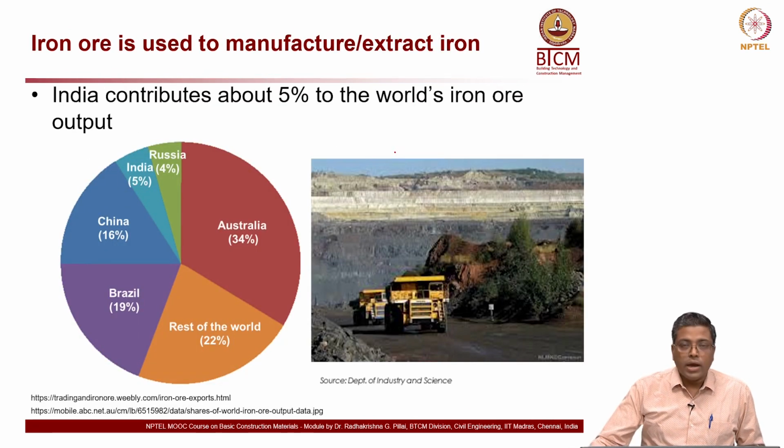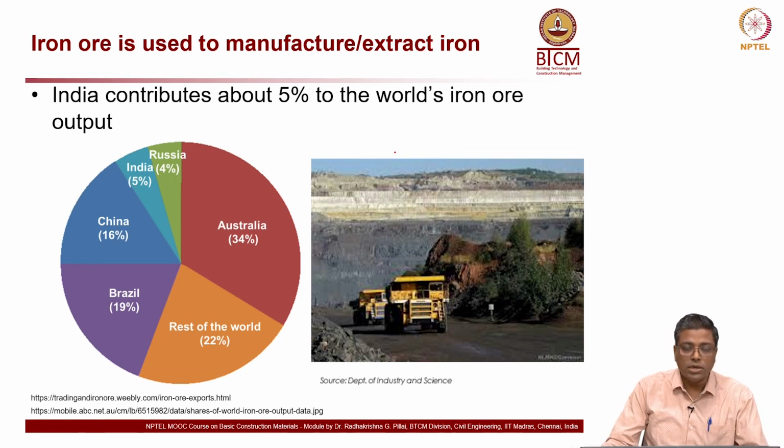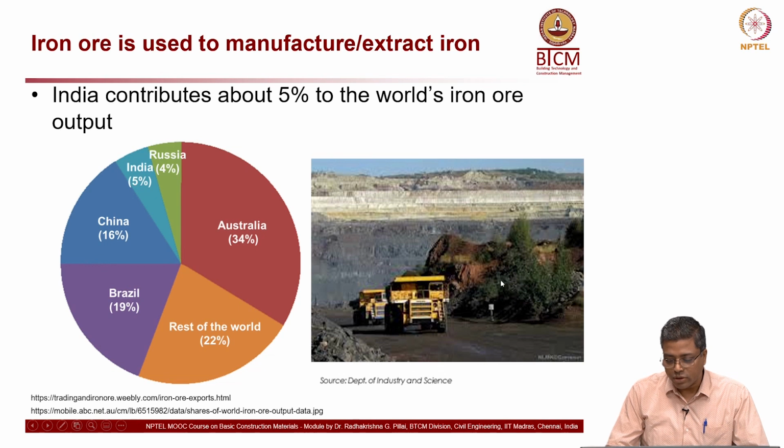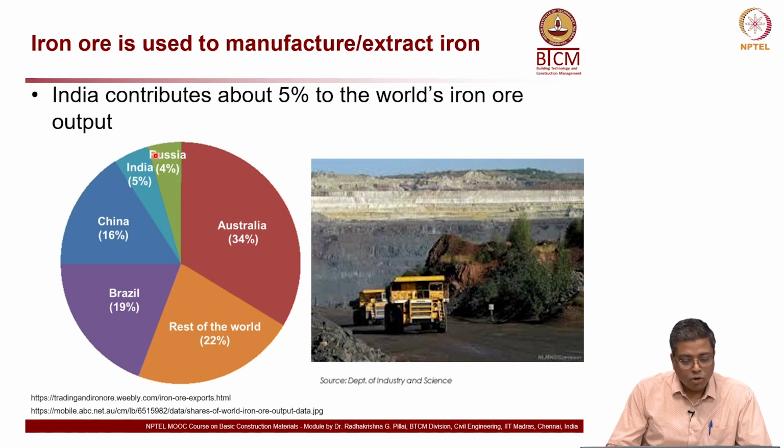Iron ore is used to manufacture iron. The iron ore is hematite, and India contributes about 5% to the world's iron ore output. This is a photograph of a mine in Australia, and you can see the pie chart on the left side, which shows the contribution by various countries towards iron ore extraction.